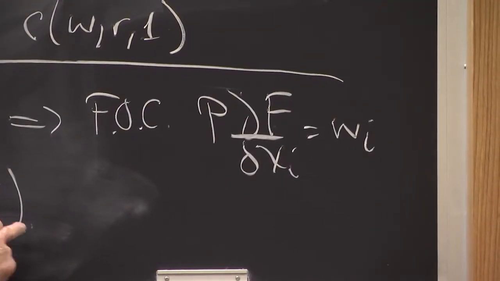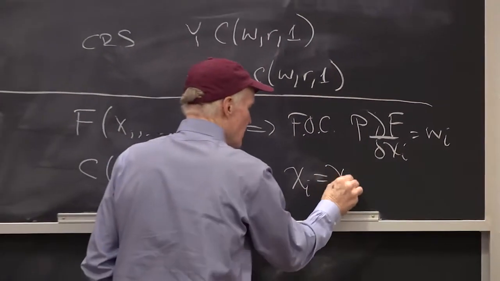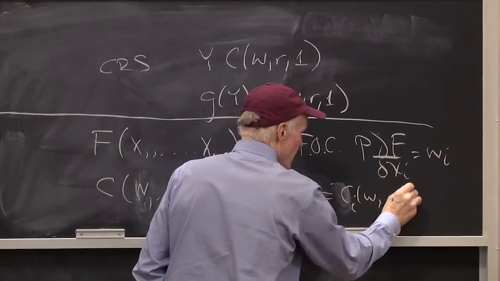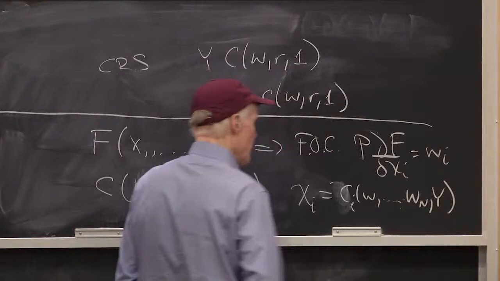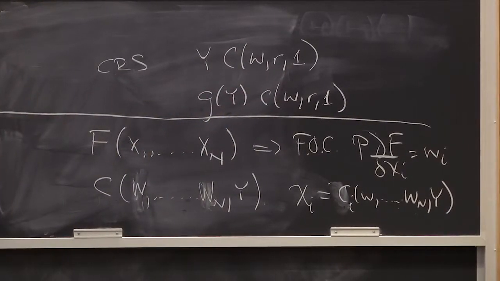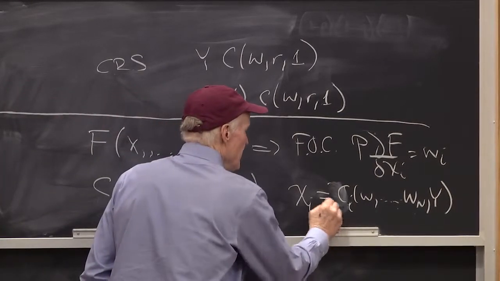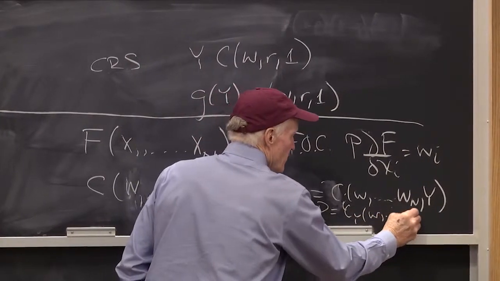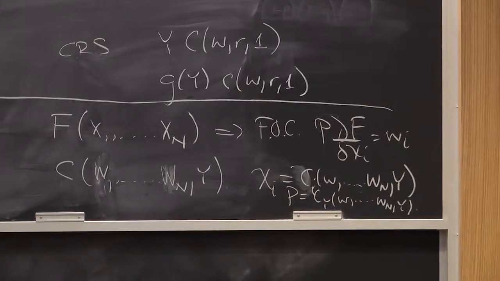Whereas the corresponding conditions here are Xi equals Ci of W1 up to Wn and Y. That's the two approaches. And then you can put in marginal price equals marginal cost if you want: P equals Cy of W1 up to Wn and Y. Those are the two approaches you can take.